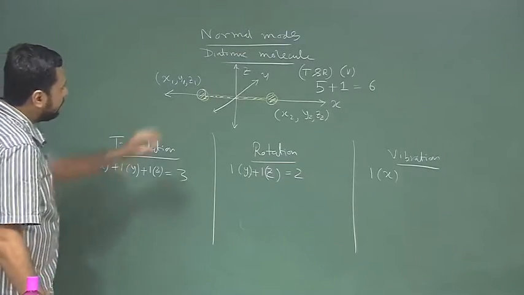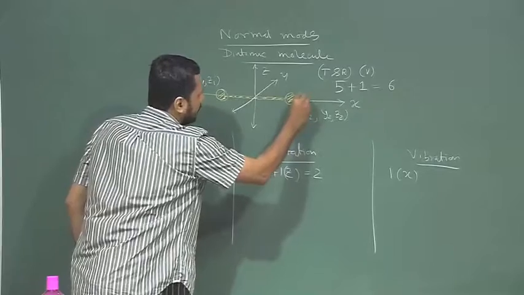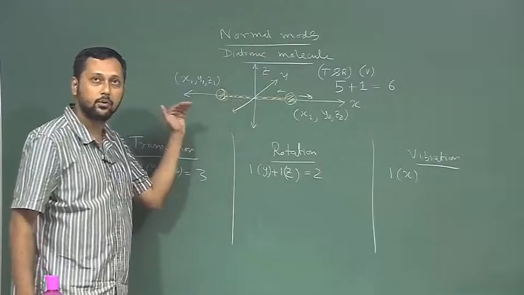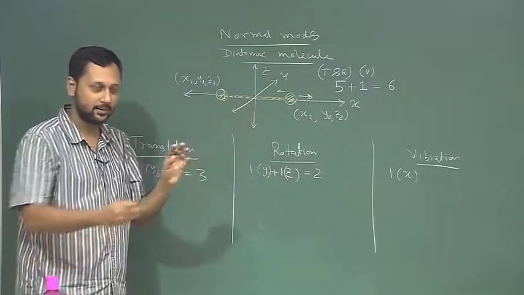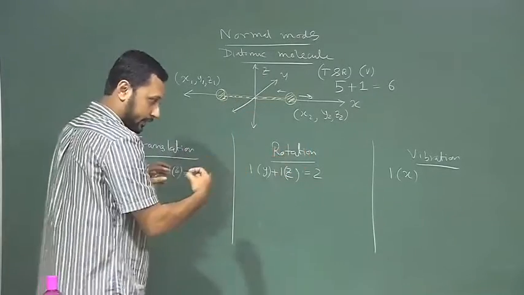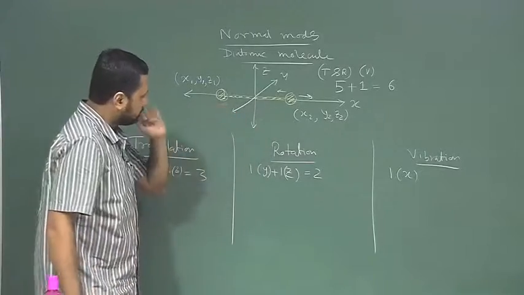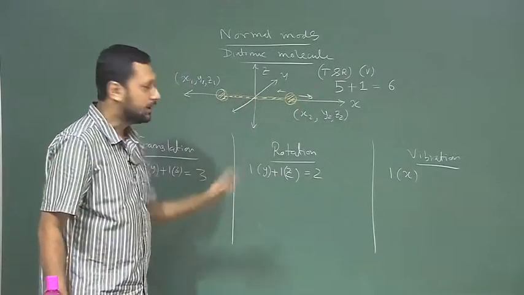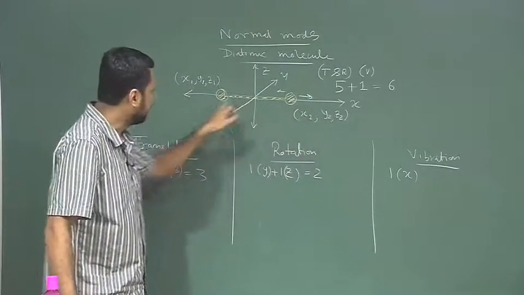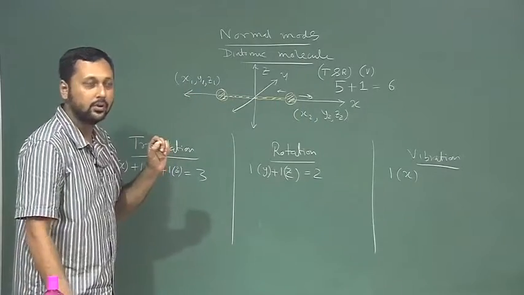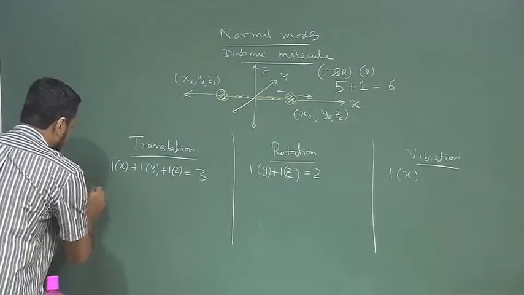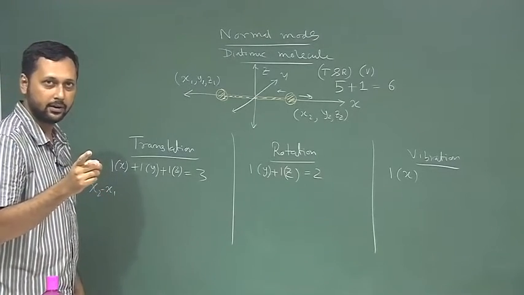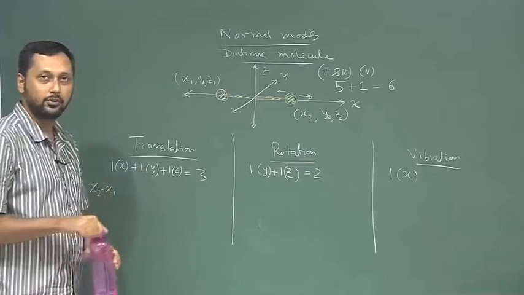So if it translates either along this direction or along that direction, both the masses will follow the same direction. For a translation, the whole system will just move like this or like this. So if a translation is taking place along, let us say, positive x direction, that means x2 is increasing and x1 is decreasing. So if I take a combination which is x2 minus x1, this will always be increasing, right, because x1 and x2 have opposite sign.